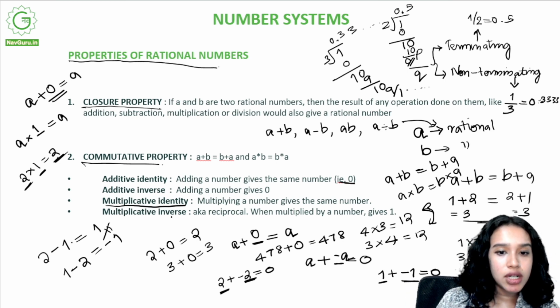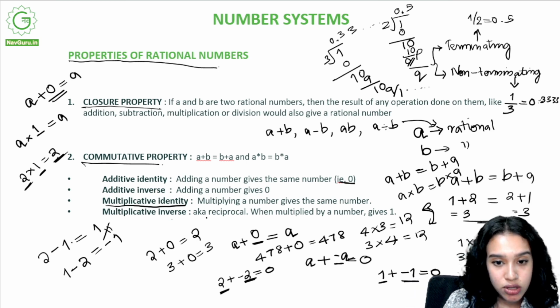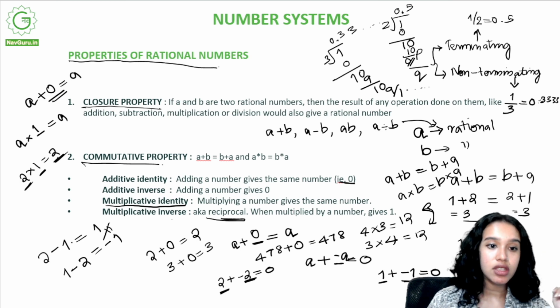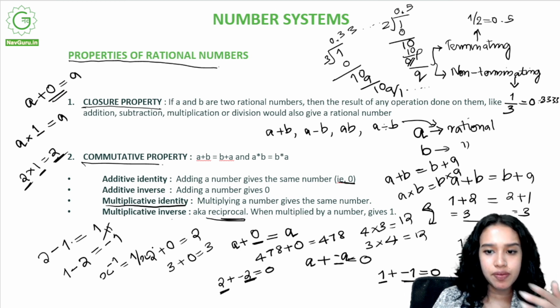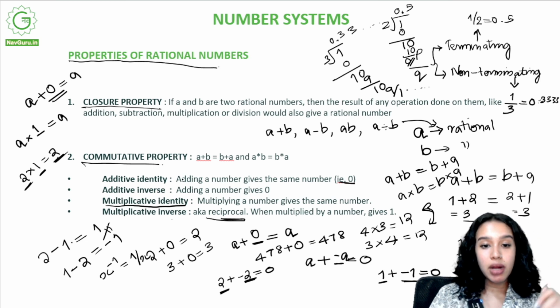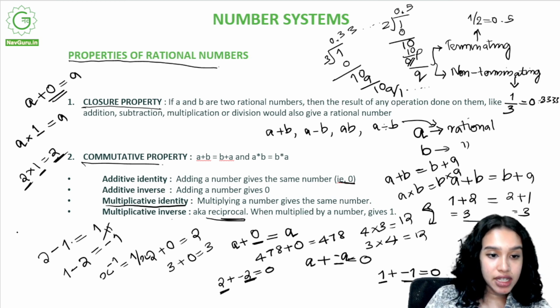Now what is multiplicative inverse? Multiplicative inverse is also known as the reciprocal, which can be denoted as, if I'm taking the number as x, it could be x inverse or 1 by x. So multiplicative inverse are these numbers when I'm multiplying a number.